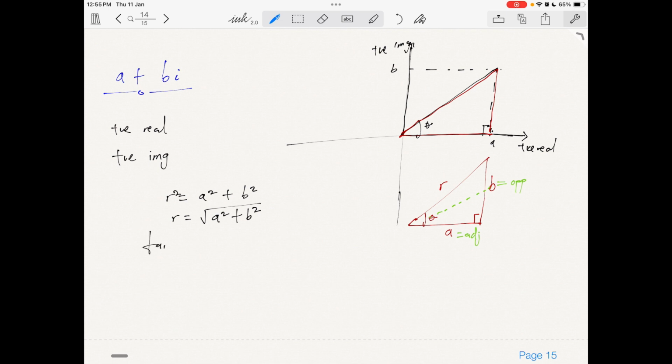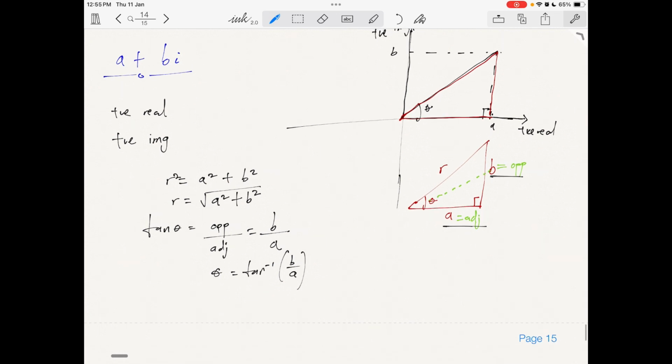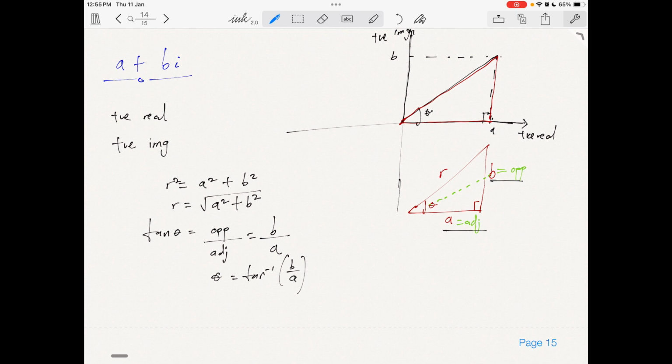And using tan theta, which is equal to opposite over adjacent, our opposite is b and our adjacent is a, as we have seen here. So our theta is equal to arctan of b over a. Now, if our theta is equal to arctan b over a, what will be our argument z?